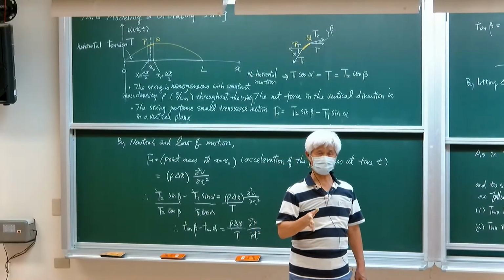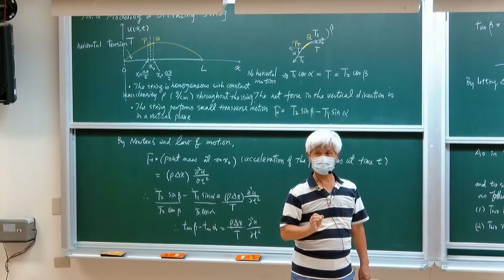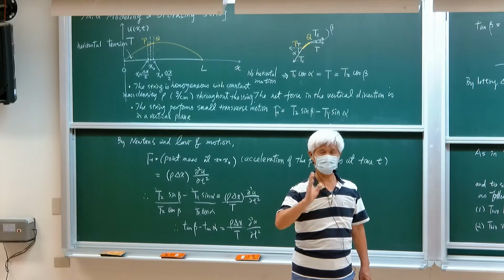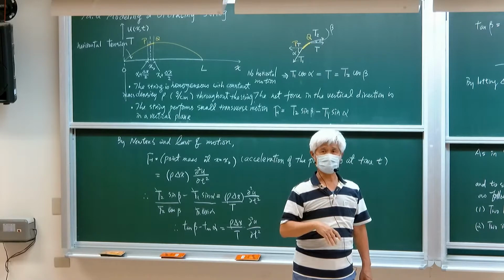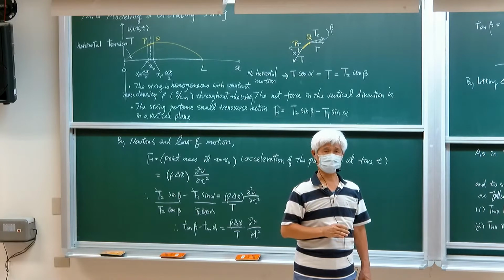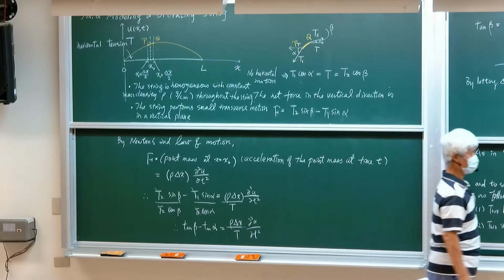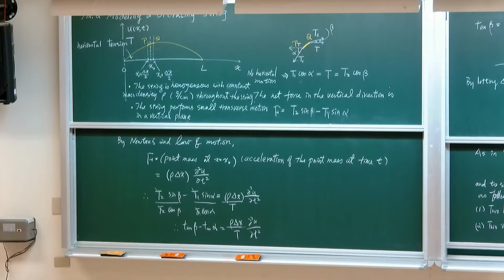So if you have initial position and initial velocity, then the motion of a particle will be determined for all time, for all t greater than or equal to 0. So that is from classical mechanics.